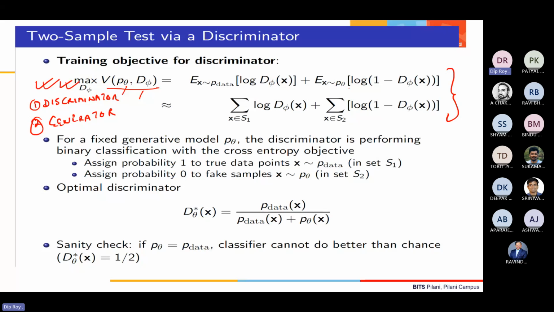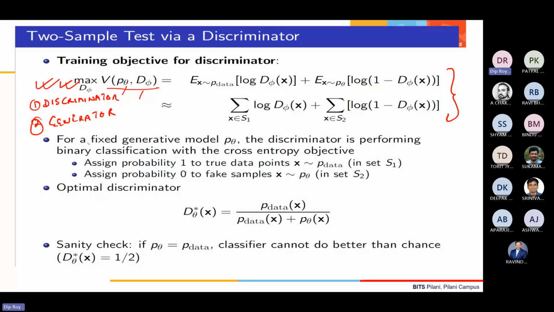And if you can see, this is nothing but the cross entropy. So what does it say? It says that for a fixed generative model p theta, the discriminator is performing binary classification with the cross entropy objective. Assign probability 1 to the true data point x coming from p data.